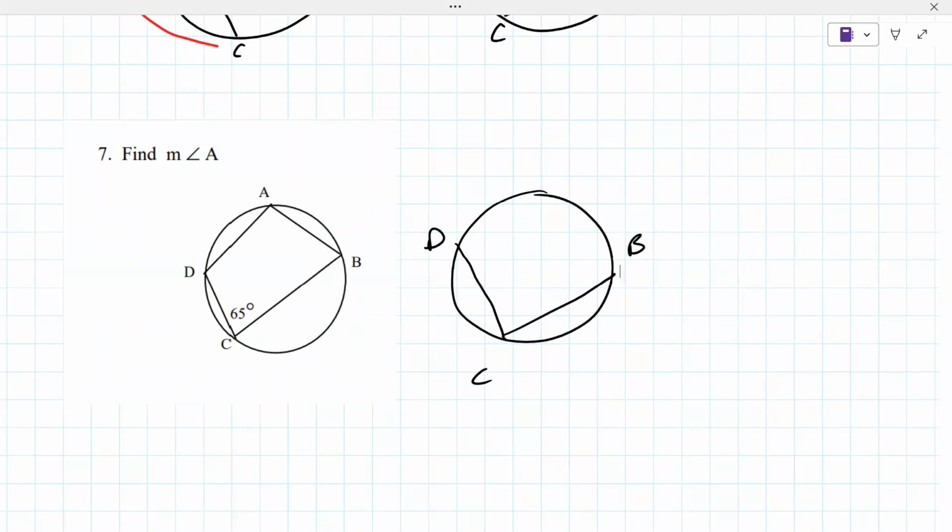Is it not 130 for angle A? It is not. What is this arc measure here, D to B? 65 plus 60.